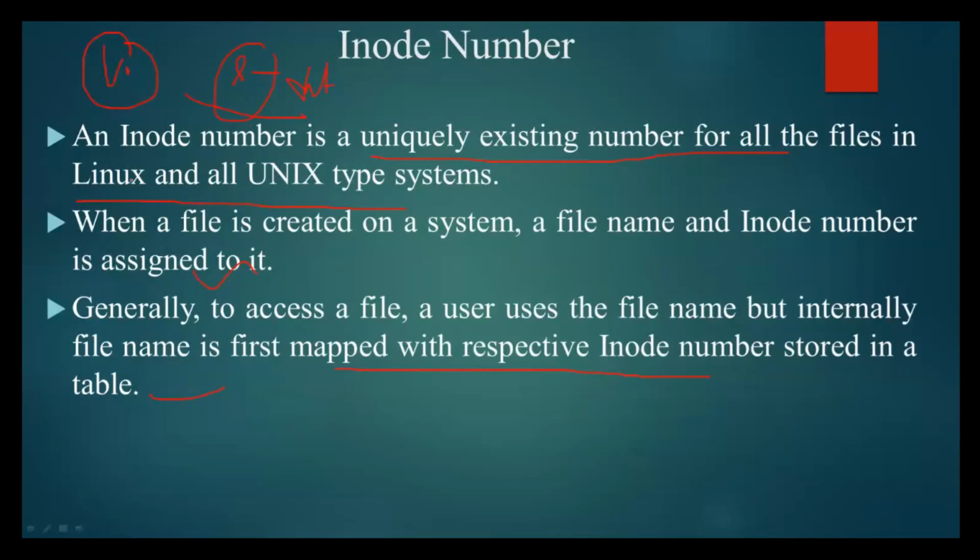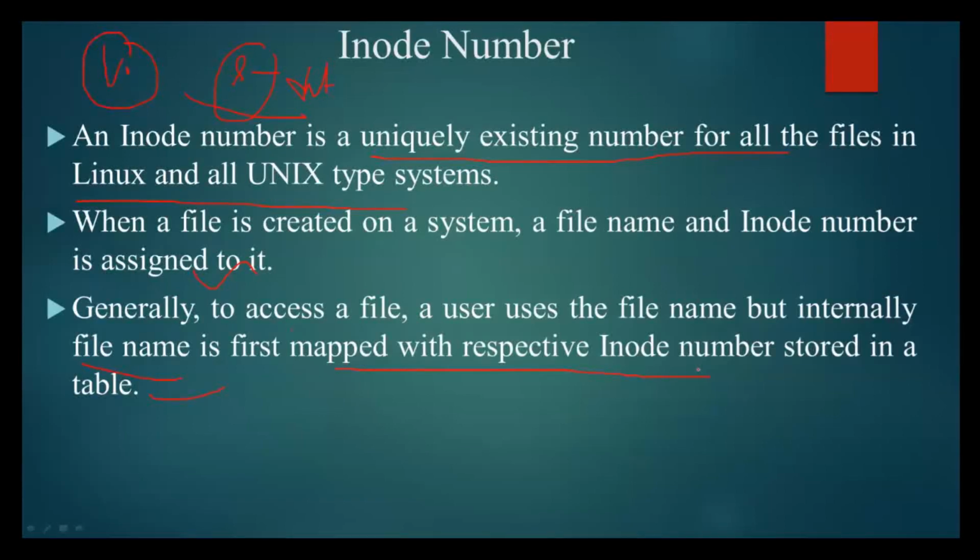See the third point. To access any file, the user uses the file name. Yes, I'm using the file name, vi sample.txt. If I give vi sample.txt, internally the kernel will map the name of the file with the respective inode number. After mapping, it will display the content of the file.